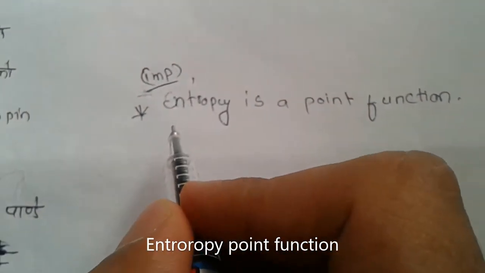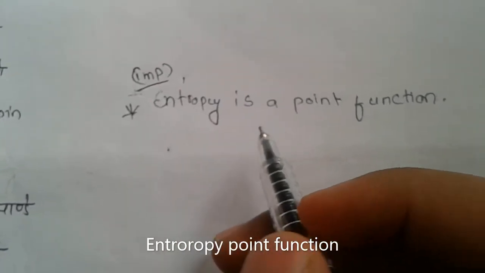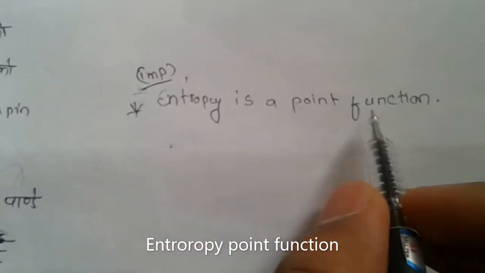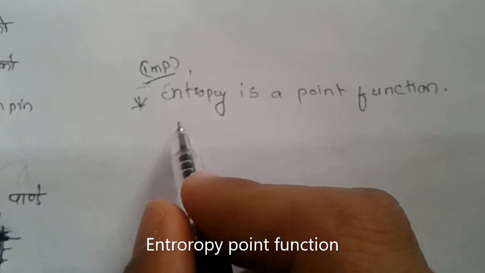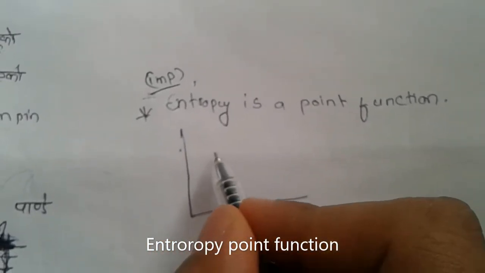Any person walking on the street can ask why entropy is a point function. Or any teacher or professor may ask this question. So you must know this answer. We draw a curve.